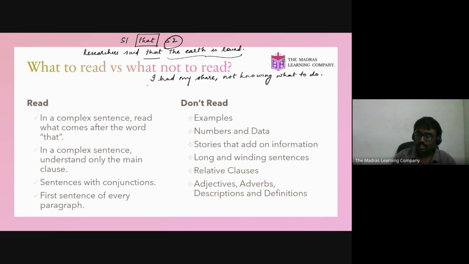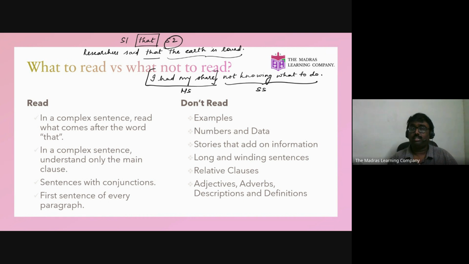And when I say complex sentence, you have one main sentence, and then another subordinate sentence. Okay. Now in this, understand only the main clause, which is, you need to know that I had my share. You don't have to worry about the half part that comes after the comma. Okay.